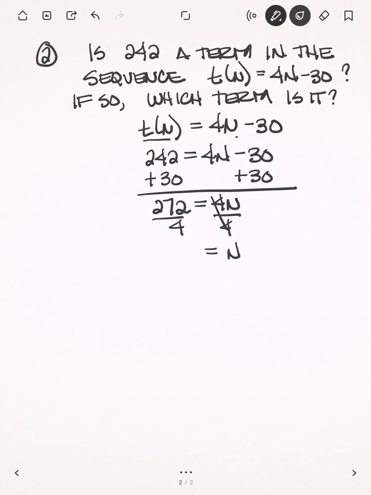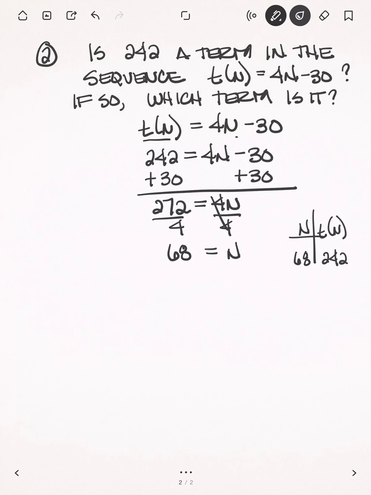When I take out my calculator and I divide that, I get 68. That is a positive number. That is a whole number. So in my n, T of n chart, what that means is at term number 68, the value of that term is 242.